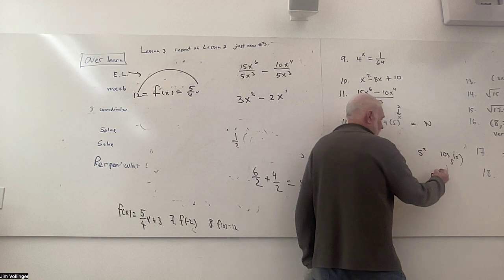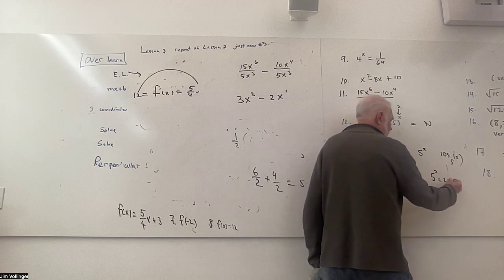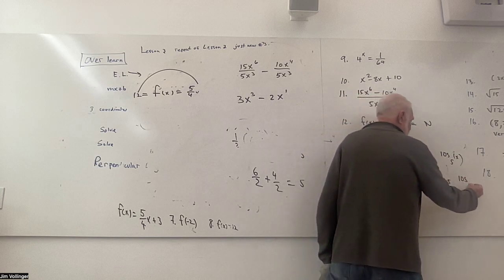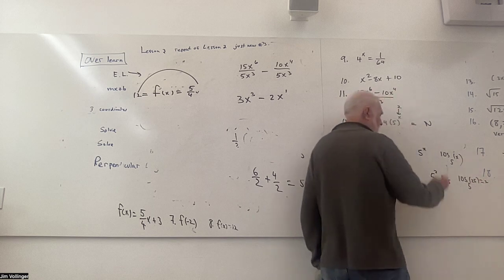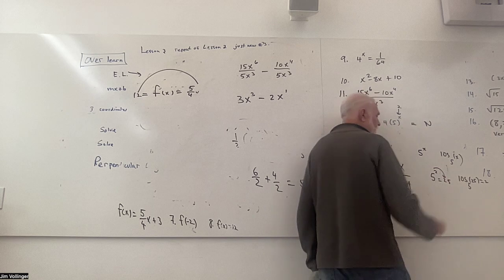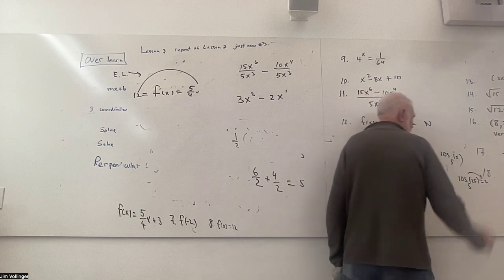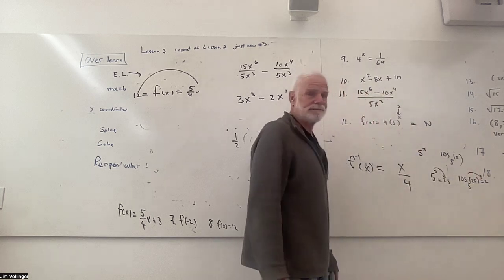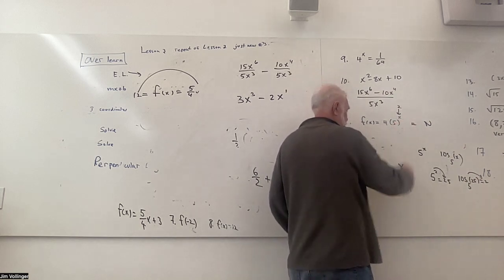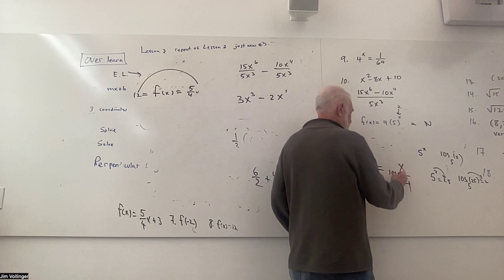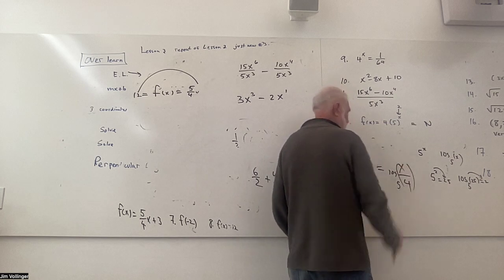Right? 5 squared equals 25. Log base 5 of 25 equals 2. Here, x gets that y. Here, this x gets that y. They're inverses. So what's the inverse of 5 to the x equals this? Log base 5 of that.